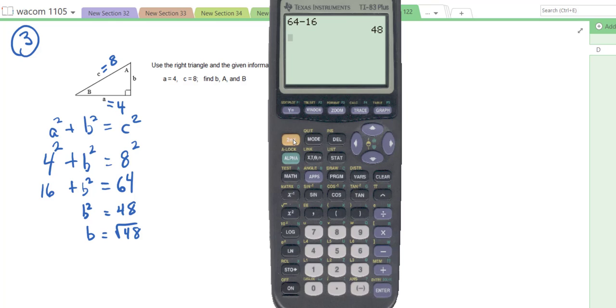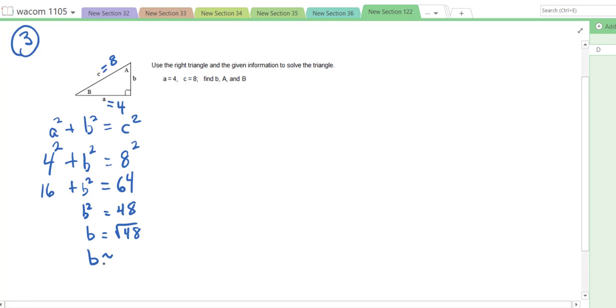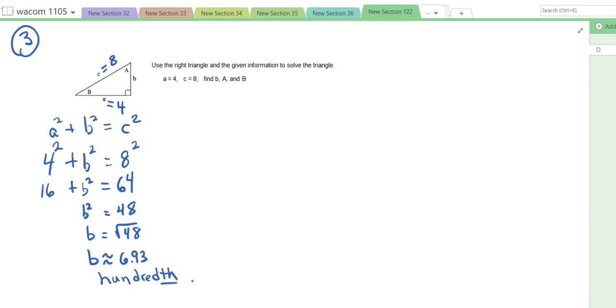So I can do second square root of 48. And to the nearest hundredth is going to be 6.93. Because of what they ask for. That is to the nearest hundredth. Okay, so that is one thing. All right.